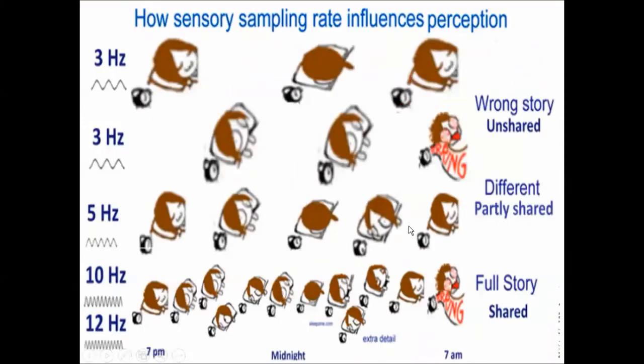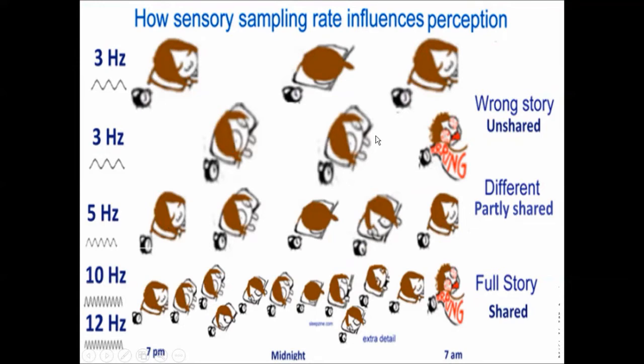Okay, and so what's the problem with sampling the world differently than other people? Well, you get different stories. So let's say here are 10 segments of a story to represent 10 hertz, over the entire night. And you see this is about insomnia. Well, someone sampling at half that rate might look at a little insomnia, but it looks like they slept a lot.